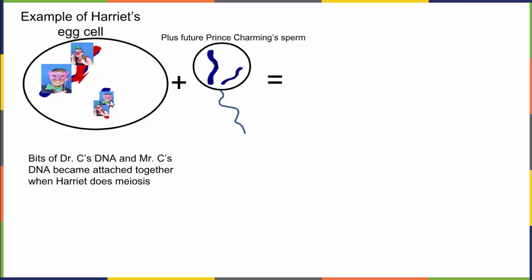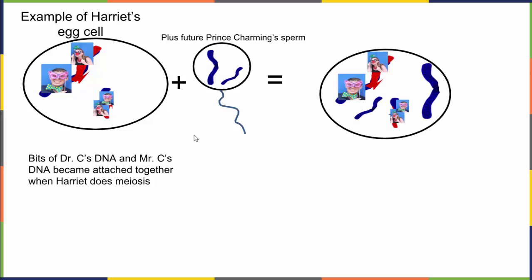But don't forget, I had said that it's likely that her egg cells are going to have a combination of me and her father. But my grandchildren, Harriet's future children, are not going to just be a combination of us. Me and my husband, that's what Harriet provides, but her egg cell would have to meet with a sperm cell in order to make that diploid offspring.